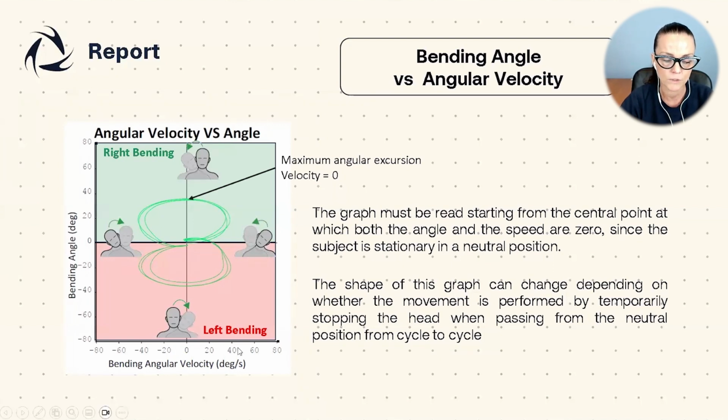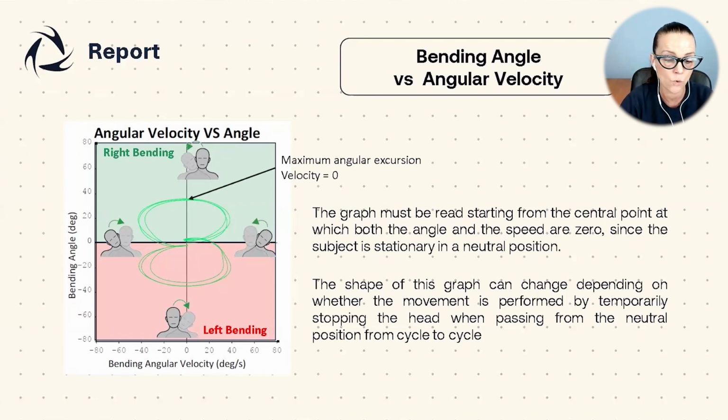The increase or decrease of both angular velocity and angle values must be deduced considering the absolute value of the parameter. So pay attention, because the positive or negative sign relates to whether the rotation of the head is taking place clockwise or anti-clockwise with respect to the positive direction of the rotation axis.